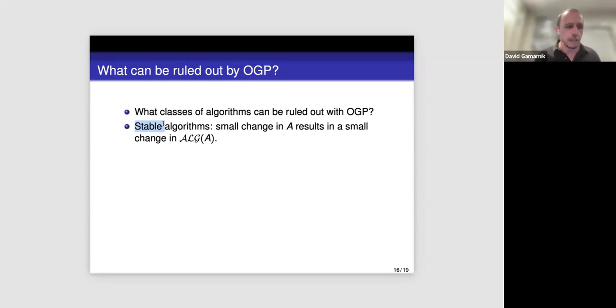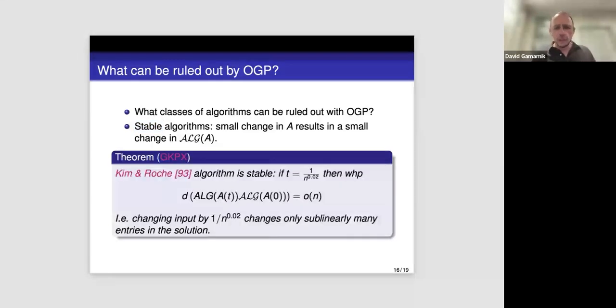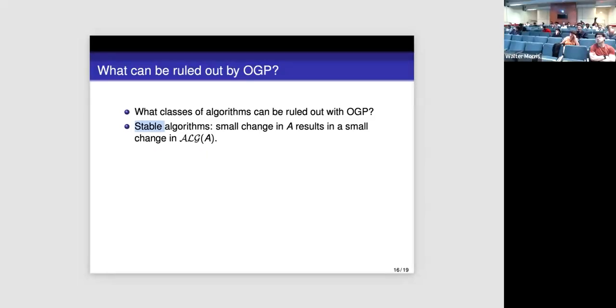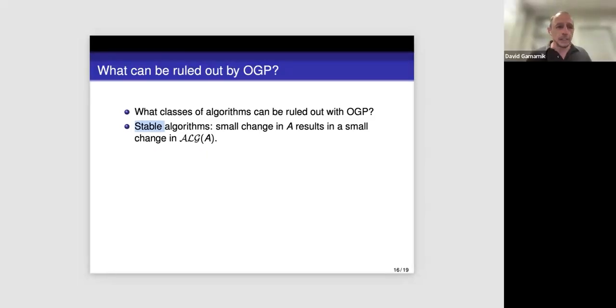This is, of course, an informal description. With the right quantifiers, epsilons and deltas, you can make it precise. But the point is, well, 2 points. Before I get to the theorem, the point is that OGP is a barrier to stable algorithms, right?